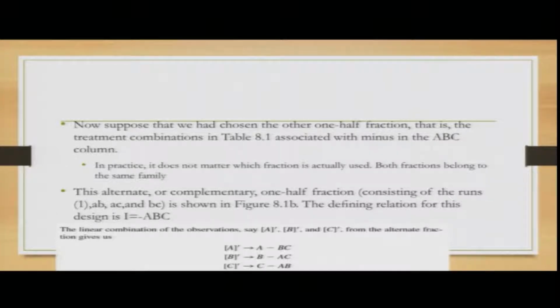The linear combinations of the observations are given as A prime, B prime and C prime. A prime basically gives you the effect of A minus BC, because B and C do not have the effects of A as such. For B prime it will be B minus AC, and for C prime it will be C minus AB.